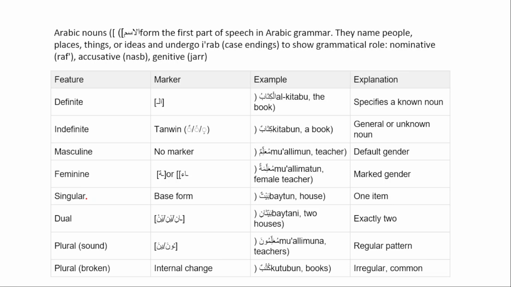Singular, dual, and plural. Let me quickly check.